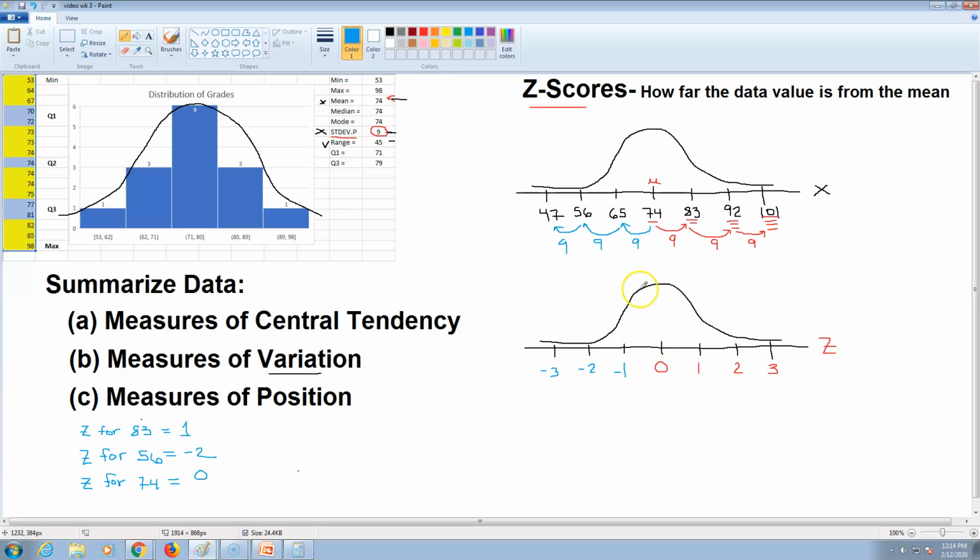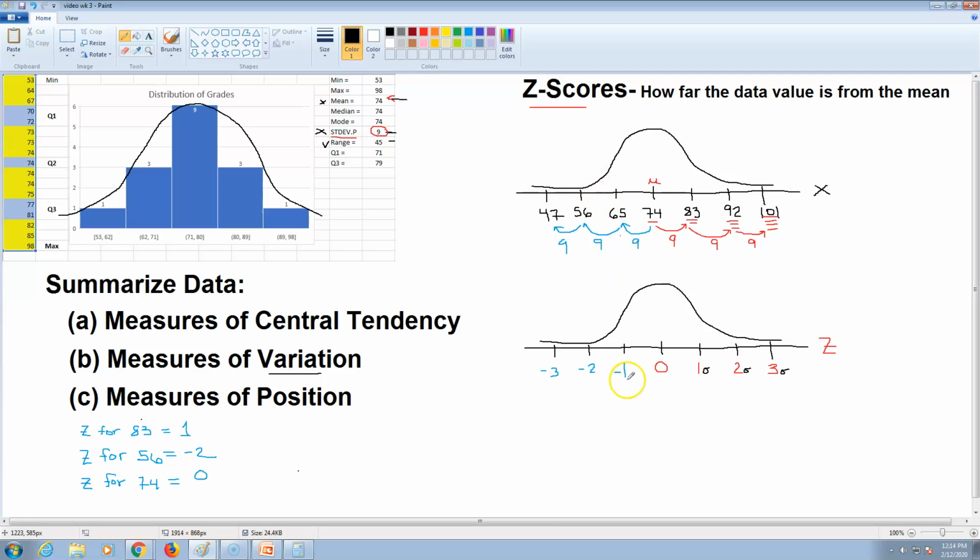So this number line here is really counting standard deviations. How many standard deviations did you use to get to 74 from 74? None, 0. How many standard deviations to get to 83 from 74? 1 standard deviation. 92, 2 standard deviations. 101, 3 standard deviations.